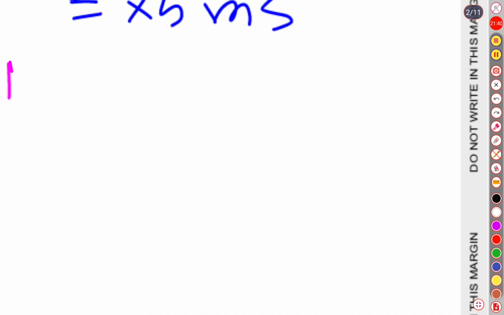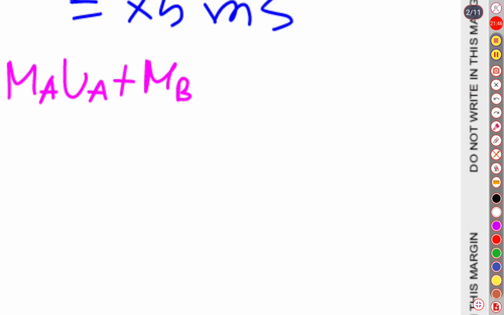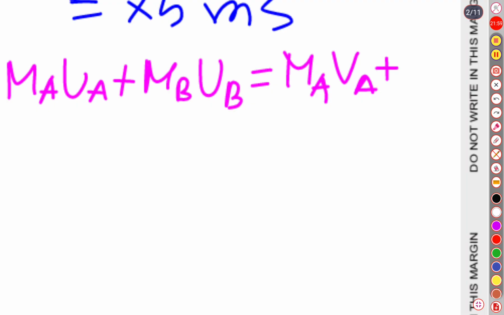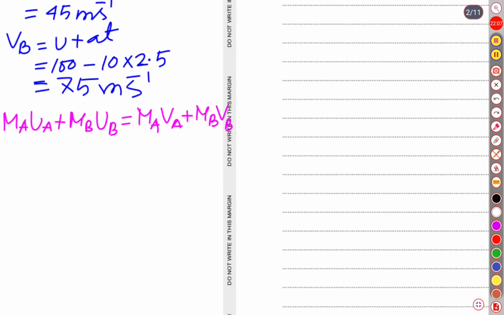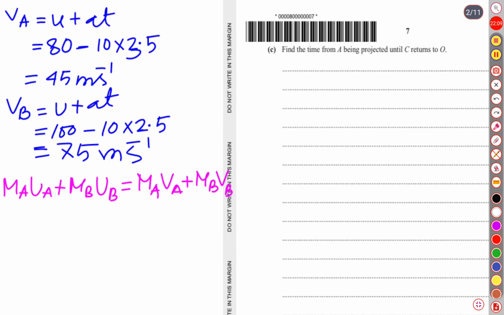Okay, so MA into UA plus MB, the mass of particle B, into the initial velocity of B is equal to the mass of particle A into the final velocity of A, plus the mass of particle B and the final velocity of particle B. Now we are going to apply the values we do have. What are the values we have?